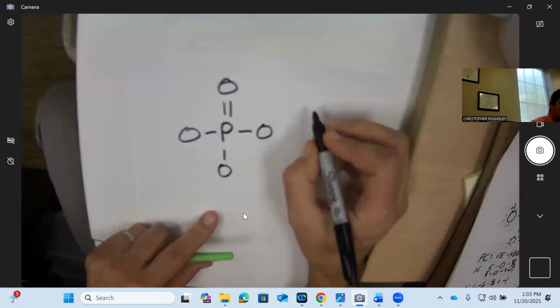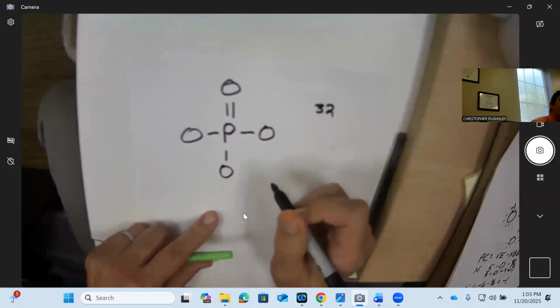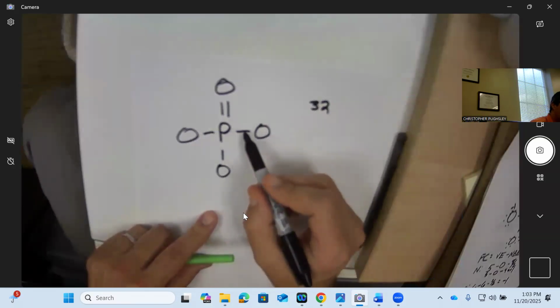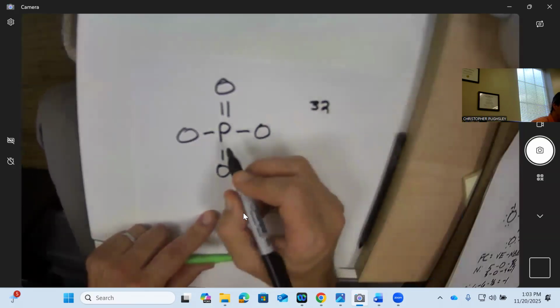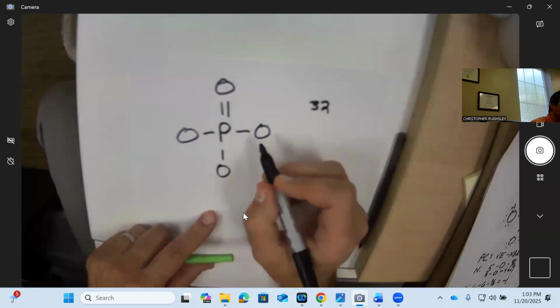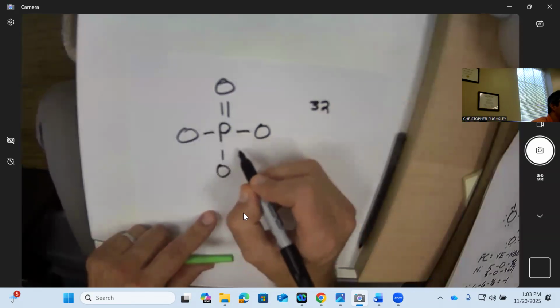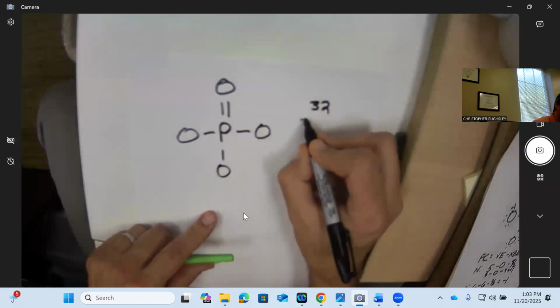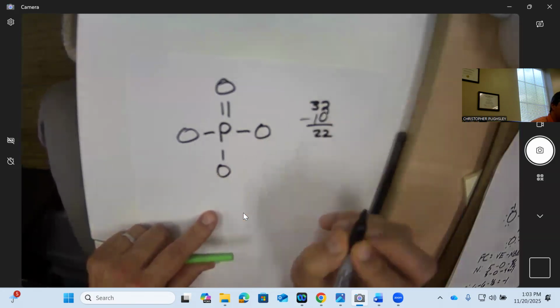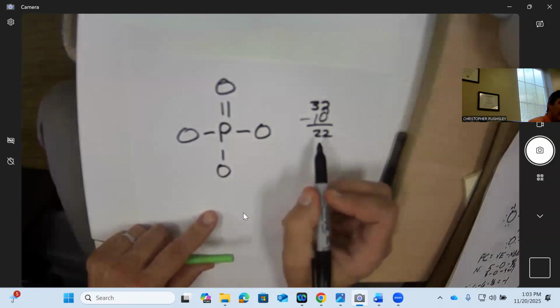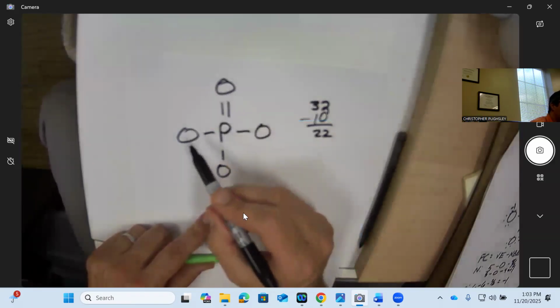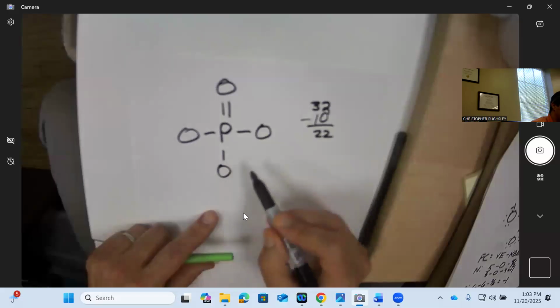So we had 32 valence electrons minus how many? So how many do we have in bonds? Ten. So I have 22 left. The oxygens are in period 2, so they have to have an octet.